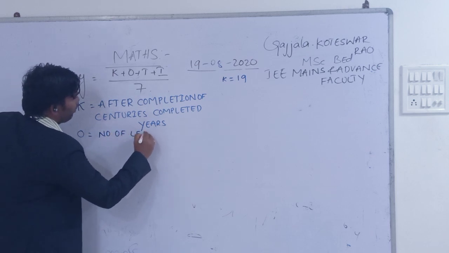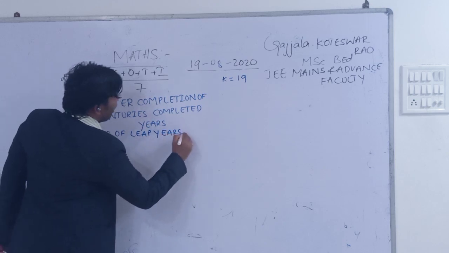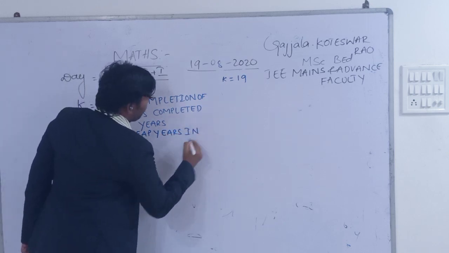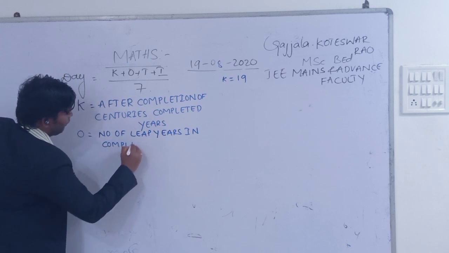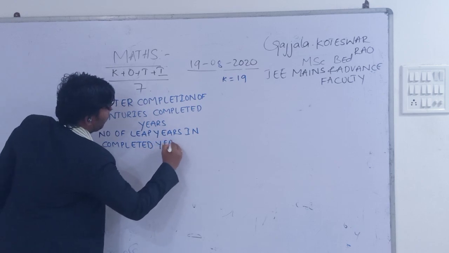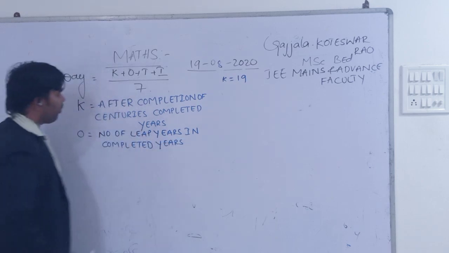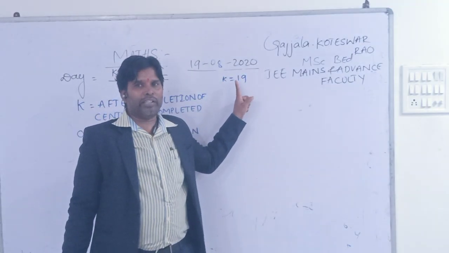Number of leap years in completed years. Okay, number of leap years in completed years. So, for example, 19 years are completed.